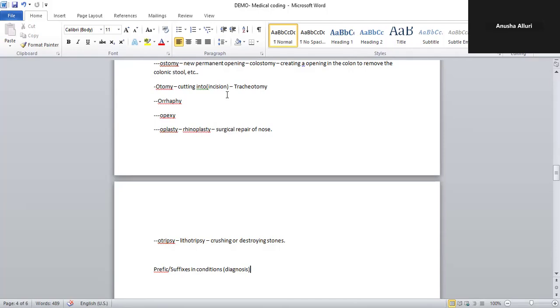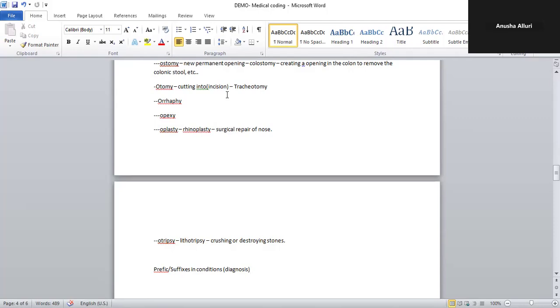There are certain meanings to those suffixes and prefixes in the diagnosis parts, and the surgical procedures have suffixes with different meanings. A suffix in procedural terms tells what procedure was done, either excision, ectomy, ostomy, otomy, oraphy, opexy, oplasty, otripsy. In the prefix section, it will be a different condition.